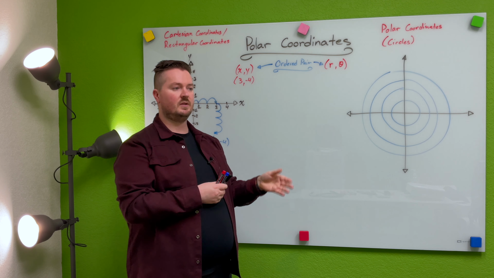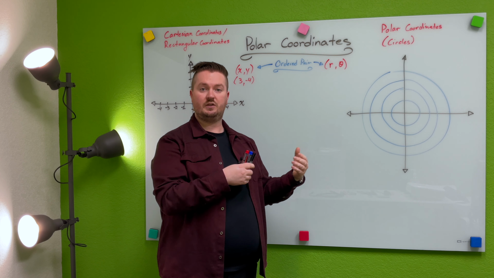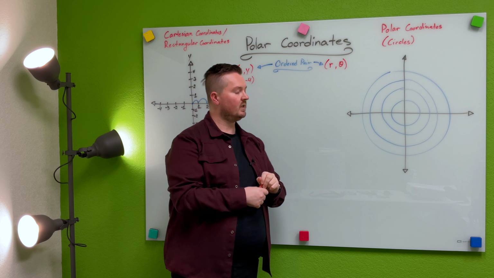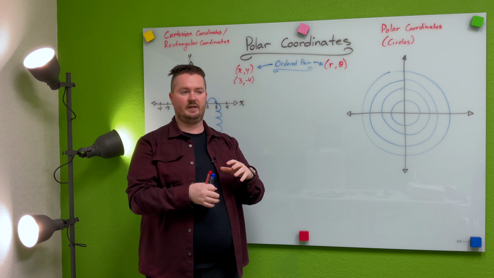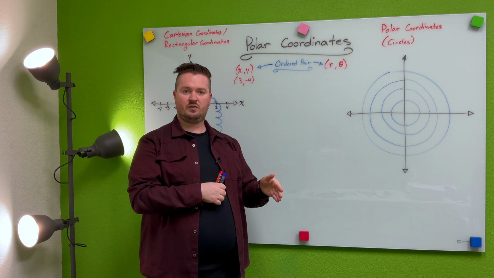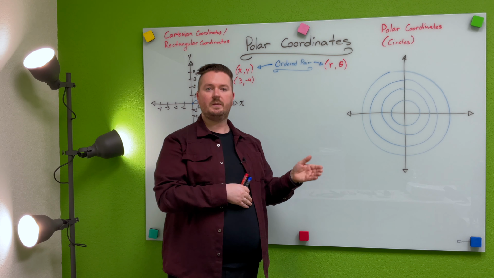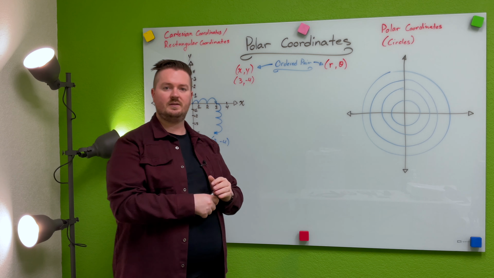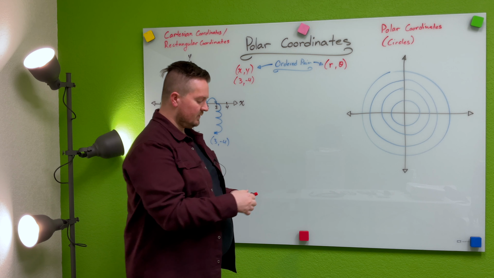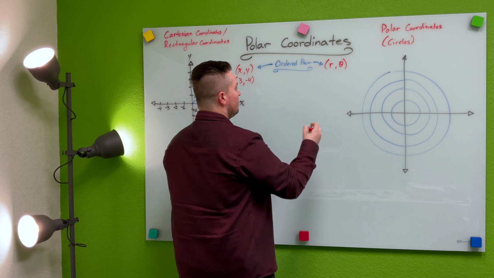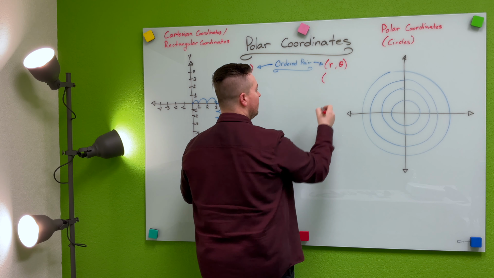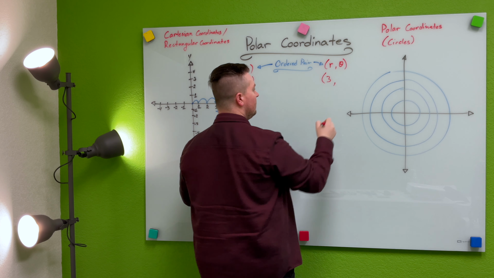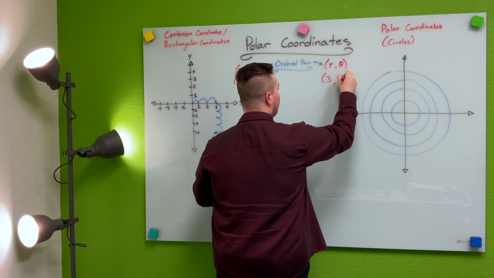For the sake of simplicity, I'm going to talk with degrees when we're talking about angles today, but pretty commonly when you're talking about polar coordinates, either in more advanced algebra, trigonometry, or calculus, you're typically always going to be talking in terms of something called radians. But again, today we're going to talk about degrees. So let me give you a quick example. I could tell you I want a radius of 3, and I want to move an angle of, say, 45 degrees.